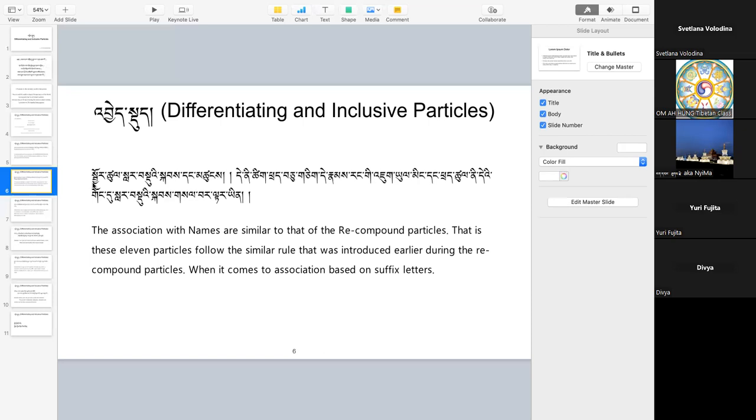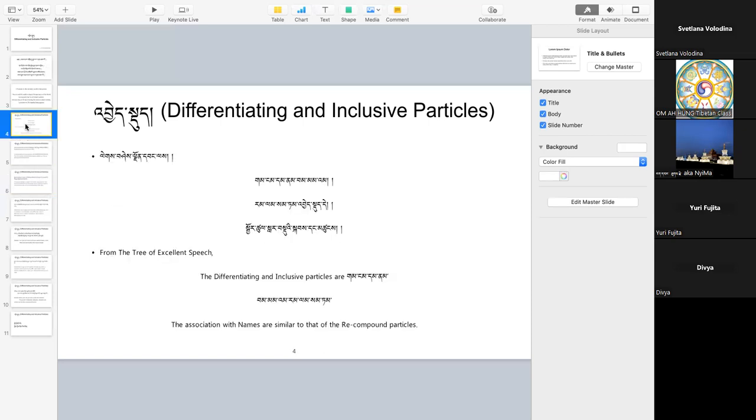So when it comes to association based on suffix letter, these both are the same. Okay, so now we understand that the first two lines introduce the particles. The third line talks about the association based on the suffix letter of the name that it follows.